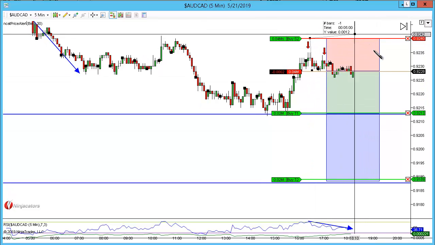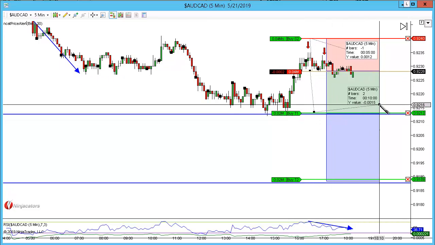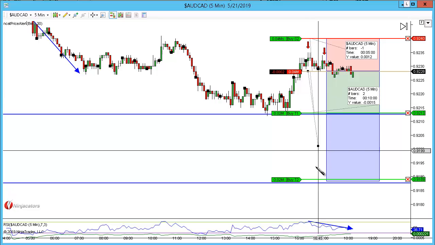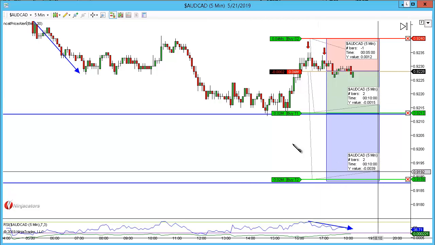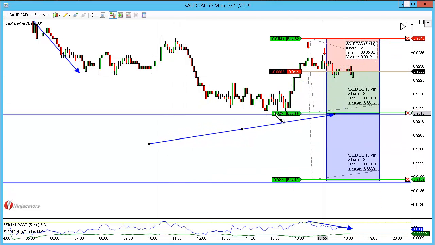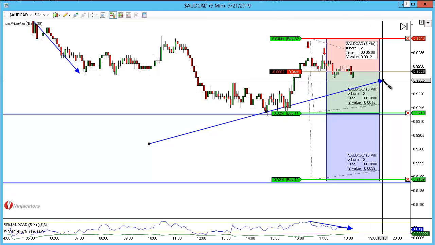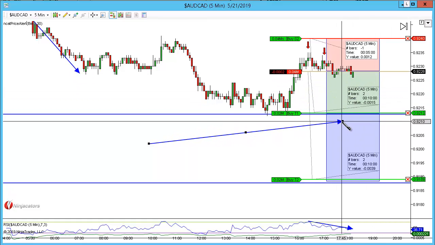So now there are a couple of ways you can do this. The risk here is only 12 pips, profit 15. Now, because this is a small trading opportunity, if we come down and hit targets and you roll to break even, you don't have a great deal of room here before the market could turn and stop you out.